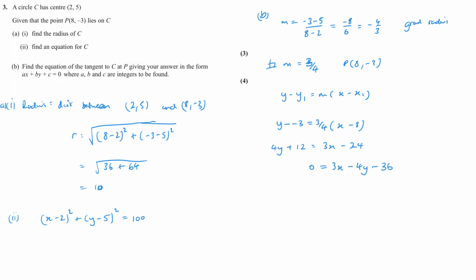Now, if you don't notice this about the gradient, find the gradient of the radius and then the tangent, because the circle is just roughly like that, isn't it? So find the gradient of the radius and then perpendicular to it is the tangent. So if you didn't notice that, what you could do is you could expand and differentiate, but no, this will be the best way.